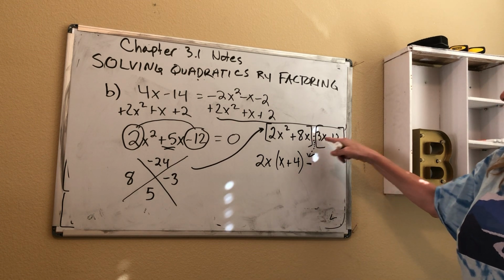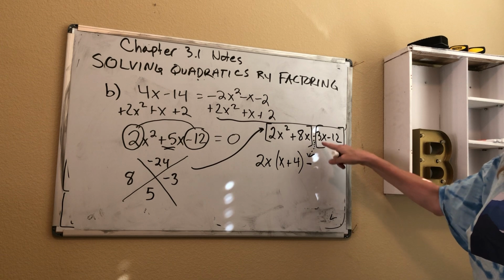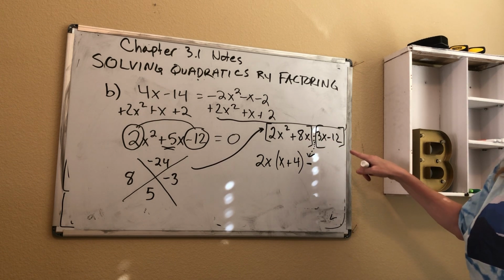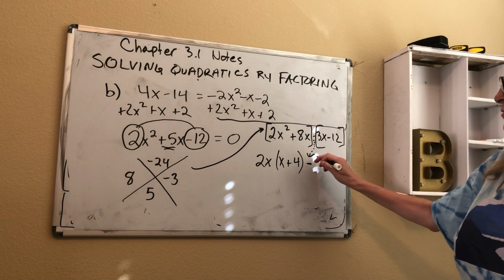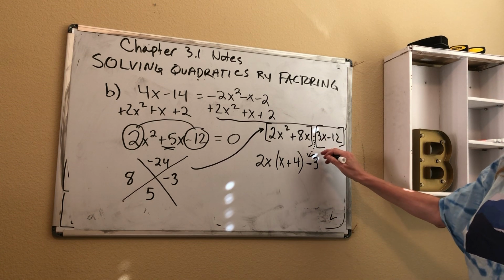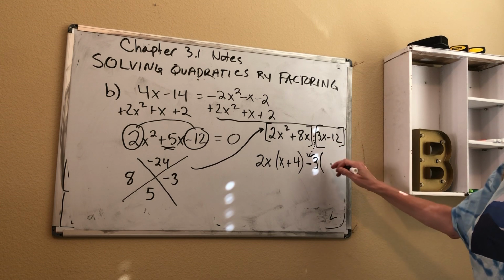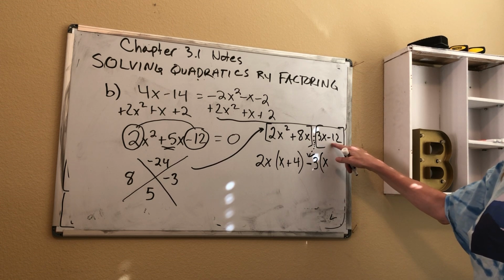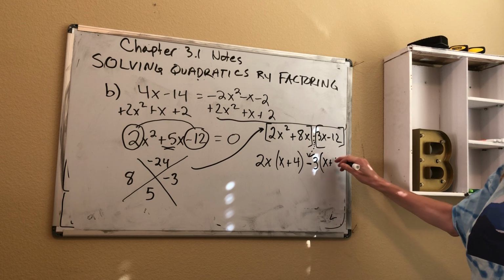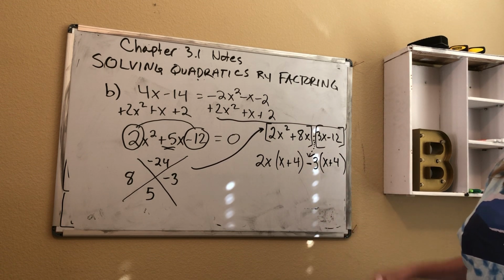Now notice here when I factor out a greatest common factor, I'm actually factoring out the negative value of that greatest common factor. So if you guys notice that 3 is the greatest common factor, but what I've really factored out is negative 3. So if I factor out a 3 from here, I get x. And here notice, because I factored a negative 3 out, it actually becomes x plus 4.